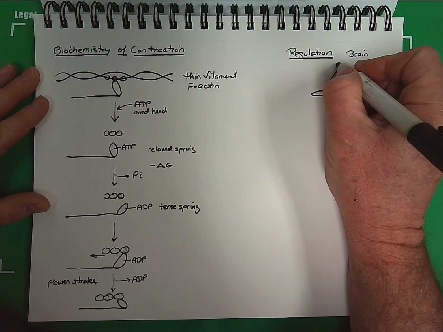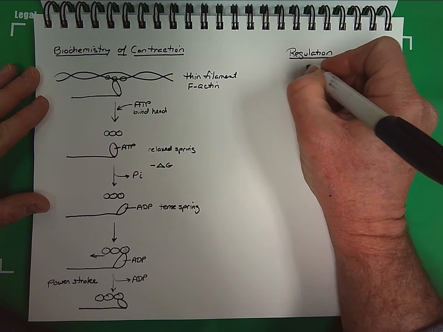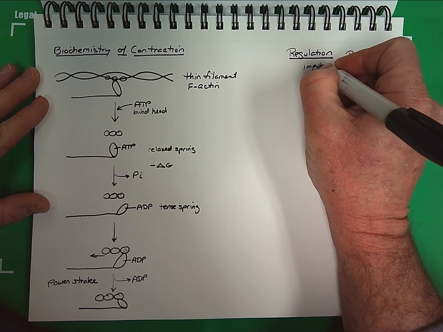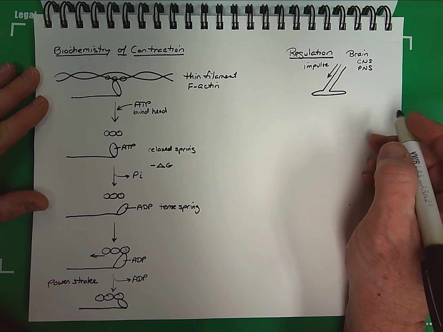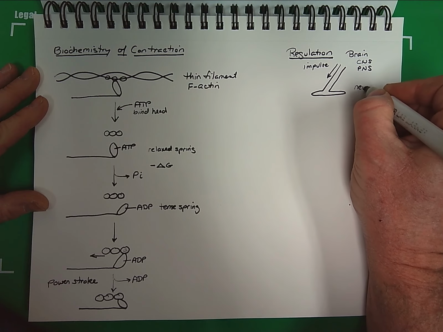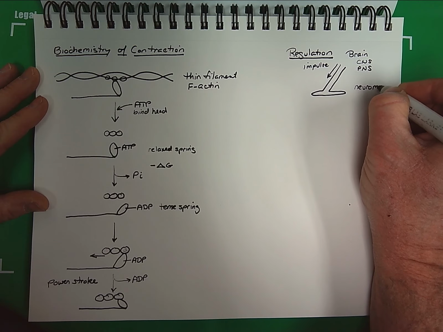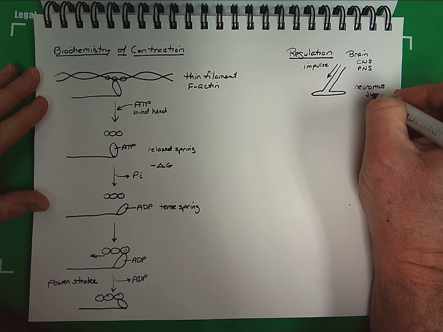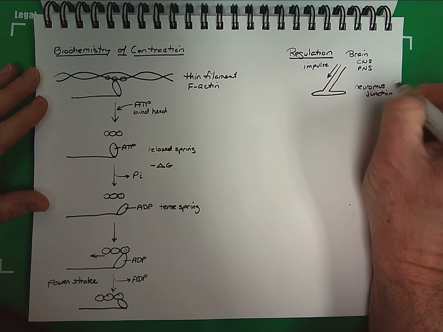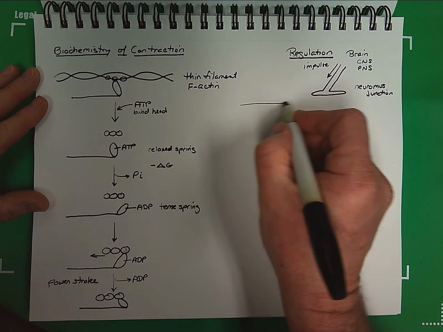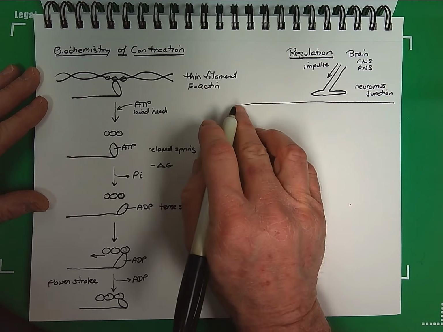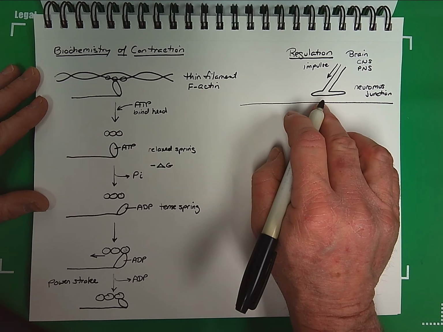And we have a wave of impulse, nerve impulse, propagating down the nerve to the nerve terminus. This is now considered a neuromuscular junction at the end of the nerve synapse. This synapse now interacts with the muscle cell.